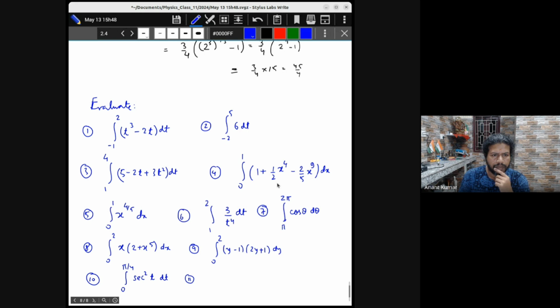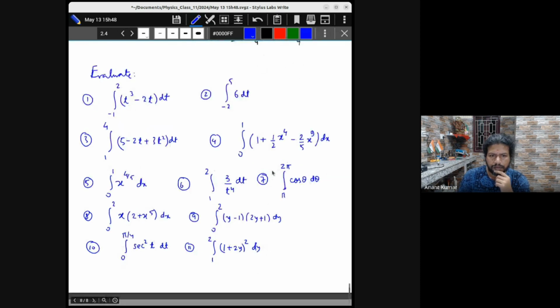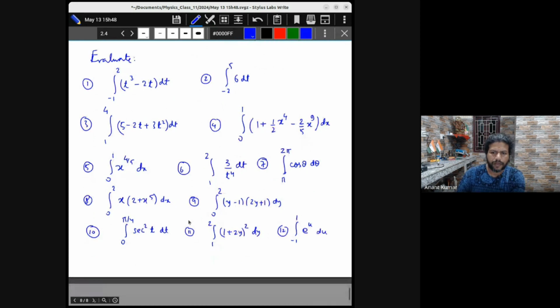11 we have 1 to 2, 1 plus I whole square, then 12 minus 1 to 1 e raised power u du. I'm changing the variables every now and then.